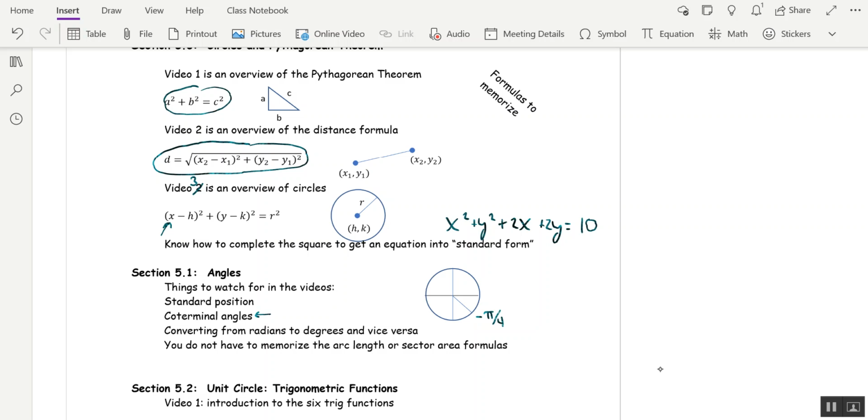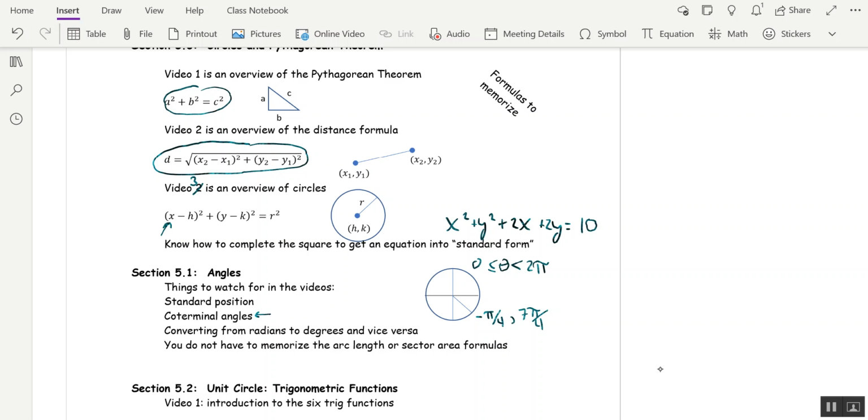Now, if you were solving, let's say, a trig equation, and you were asked to give theta between 0 and 2 pi, then negative pi over 4 wouldn't work because it's not in that interval. So a coterminal angle with negative pi over 4 is 7 pi over 4. And so that's the answer you would give.